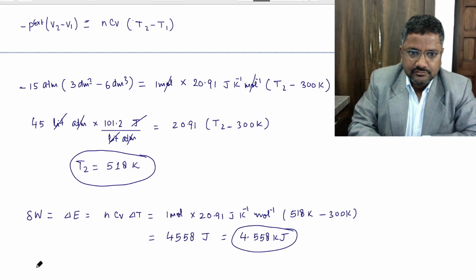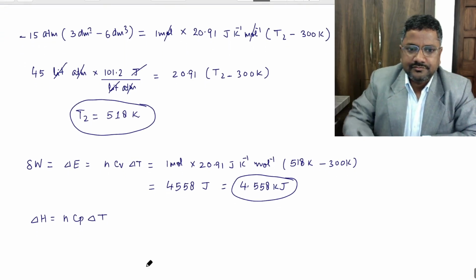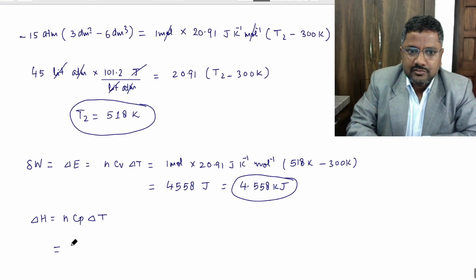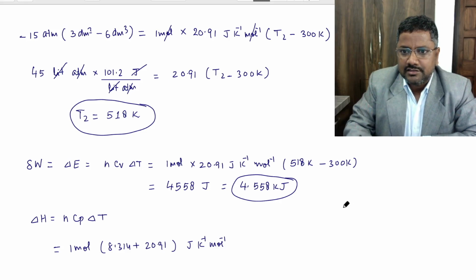And now what is delta H? Delta H is equal to n Cp delta T, right? So this is equal to 1 mole, and Cp is equal to R plus Cv. So 8.314 plus 20.91 joules per Kelvin per mole, and delta T is equal to 218 Kelvin.